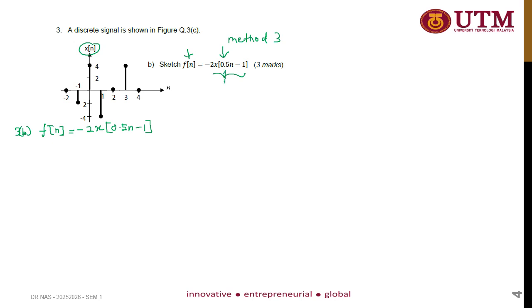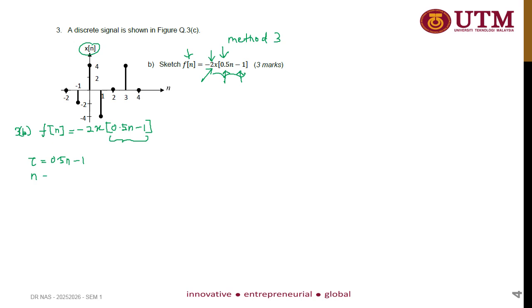You have scaling, shifting, amplitude inversion and also amplitude scaling. I recommend you solve the time-based operation first inside the bracket. So now represent the one inside the bracket as tau. So tau equal to 0.5 n minus 1.